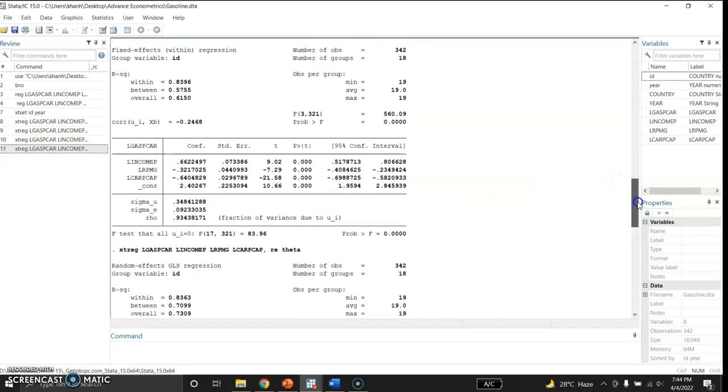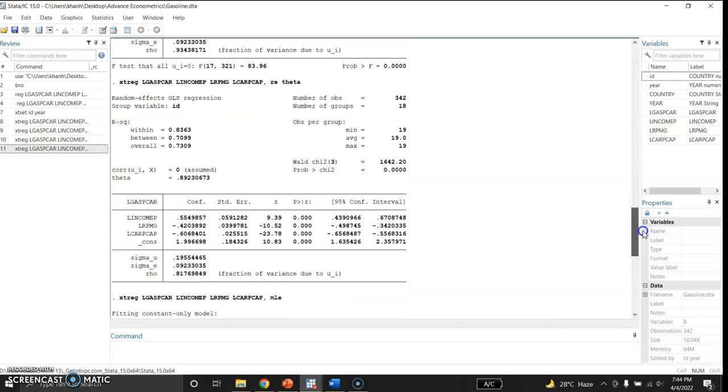And after that I am going to show you the SWAR procedure, that is the random effects GLS regression, in which I am regressing natural log of gas per car, natural log of gas consumption per car, and then natural log of per capita real income, and then natural log of real price of motor gasoline.